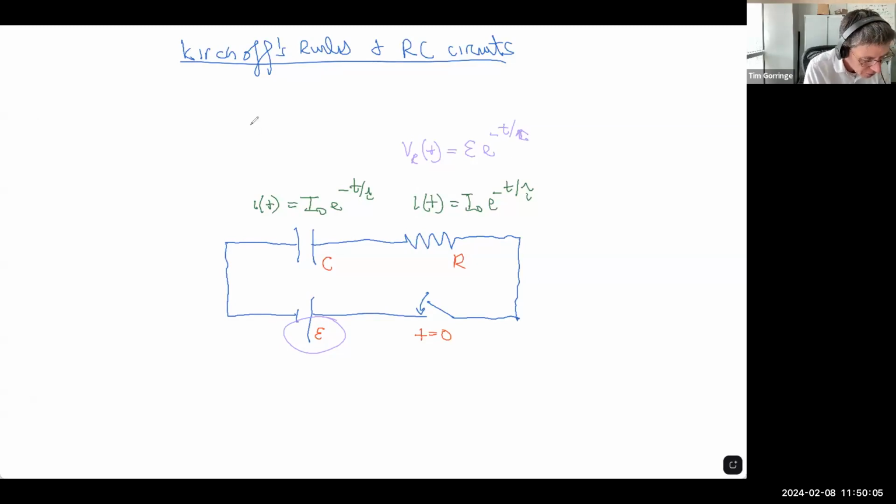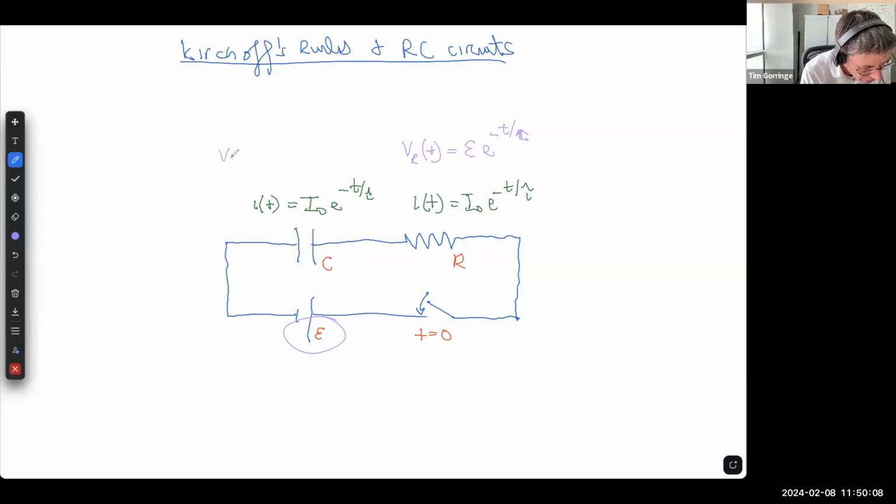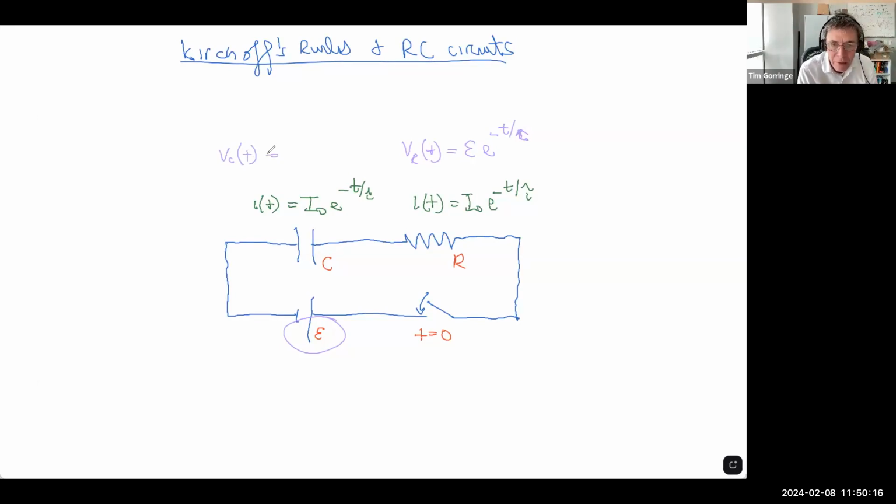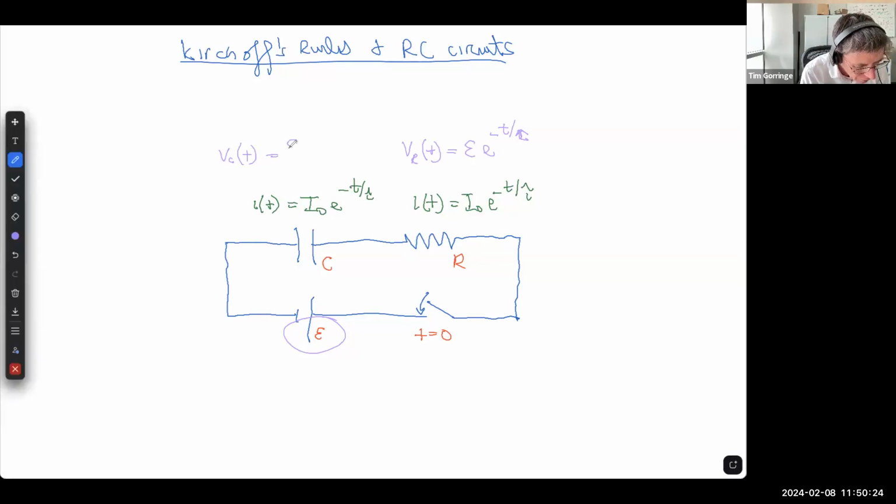What's the voltage across the capacitor? Well, let's write that down. Again, a lowercase v because it's a time-dependent voltage. I put t in parentheses because I want to stress that it's a time-dependent voltage. The voltage across the capacitor, according to Kirchhoff's voltage rule, is the voltage that's provided by the battery, less the voltage that I'm using up on the resistor.